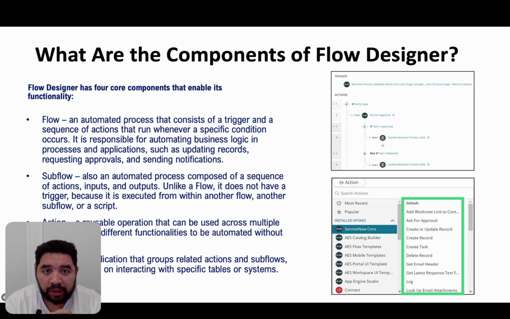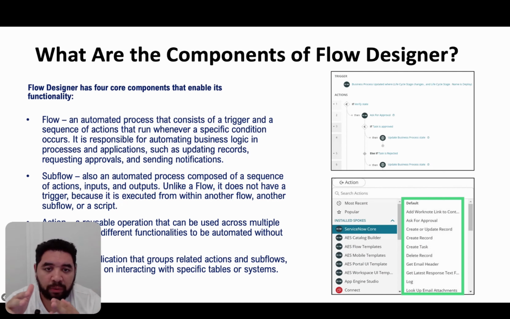The second component is the subflow. A subflow is very similar to a flow, but it does not have a trigger. Instead, it's designed to be reused and executed from inside another flow, another subflow, or even a script. Next, we have actions. An action represents a reusable operation that performs a specific task.